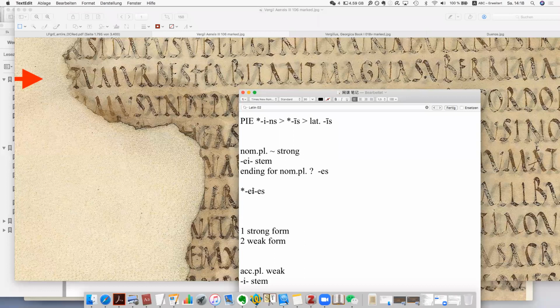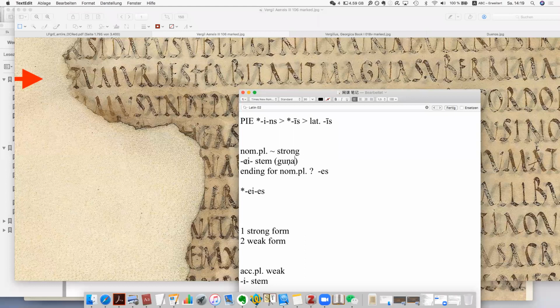So you need a stem. And nominative plural is a strong form. So you need a stem in guna. If you put it in Sanskrit grammar terminology, it's actually a guna form. Okay.